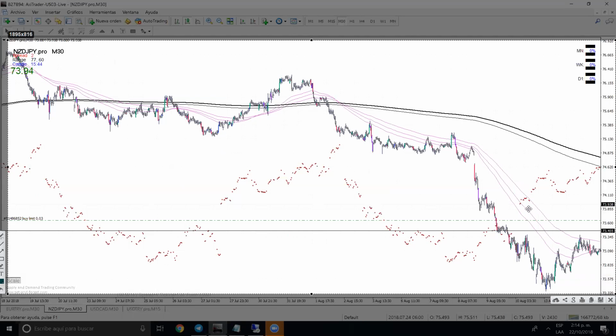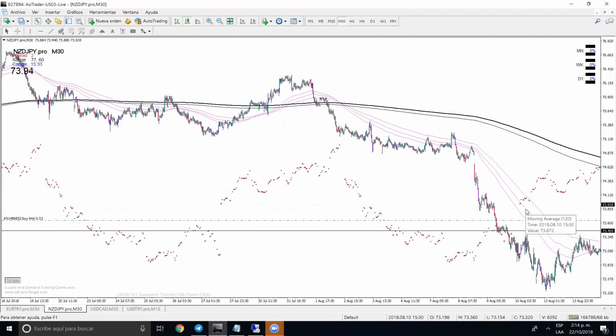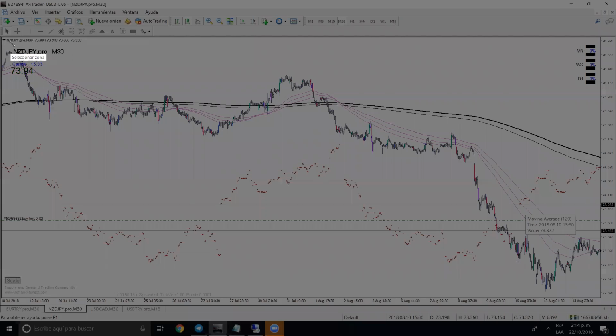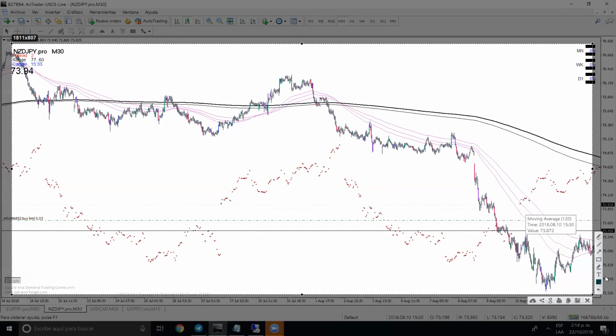In a breakout 2 setup, we have the price crossing the tunnel, and at the same time, the wave crossing it as well.